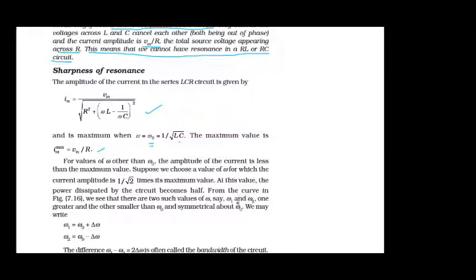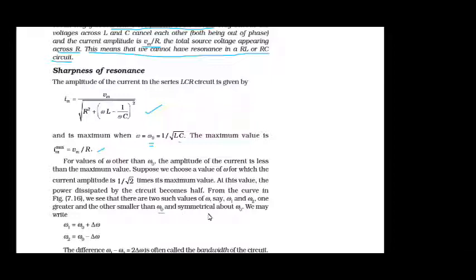From the curve in figure 7.16, we see that there are two such values, say omega 1 and omega 2, one greater and the other smaller than omega naught.